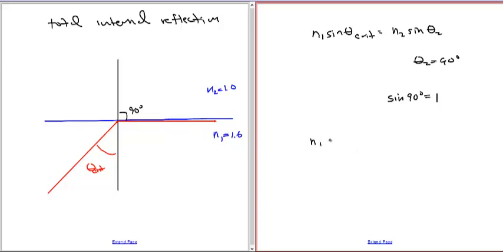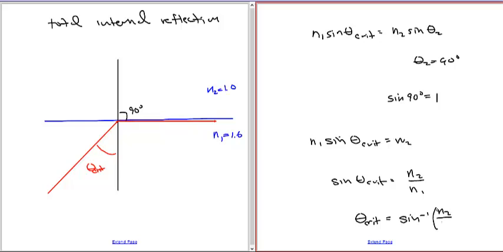So you get N1 sine of the critical angle is equal to N2 times 1, which is N2. So the sine of theta critical is N2 over N1, or the critical angle for total internal reflection is the inverse sine of N2 over N1. Make sure your calculator is in degrees.